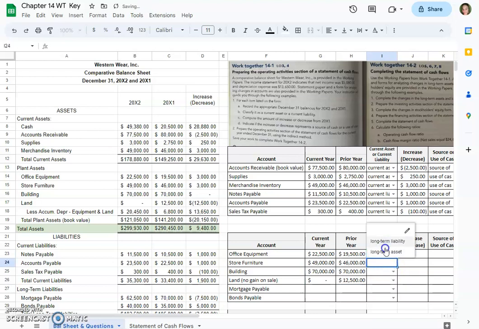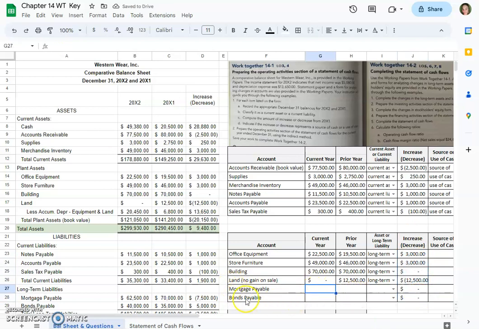So we'll go ahead and fill that in. Long-term asset meaning that we plan on having them for a long time, over a year, right? Okay, so an increase or decrease equals current year amount minus your prior year amount. And we'll just autofill all the way down.